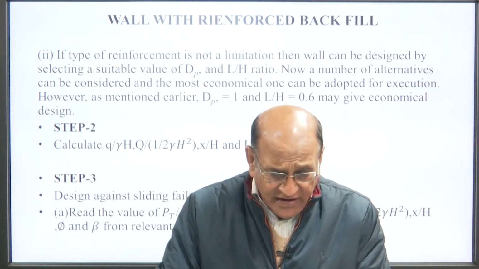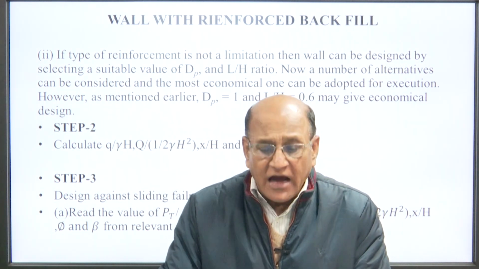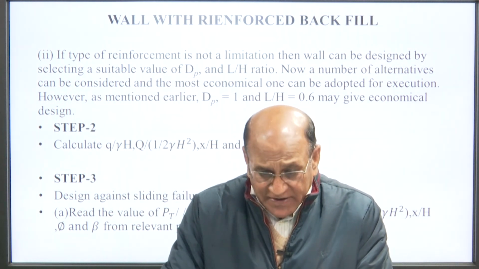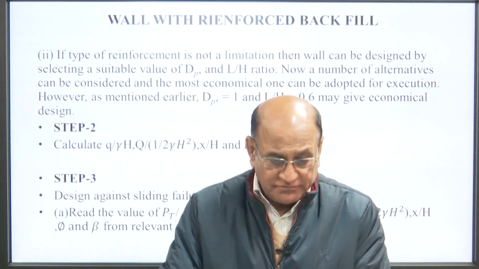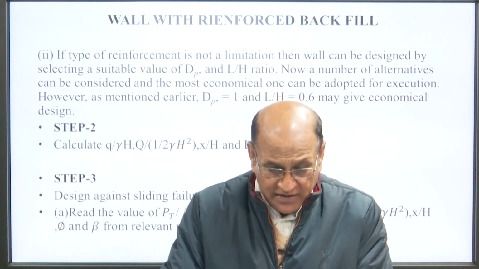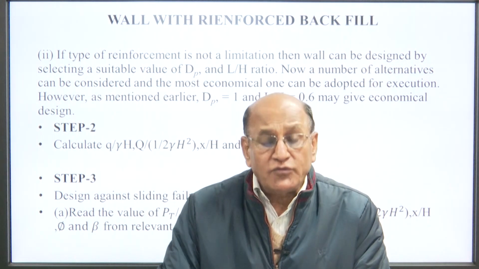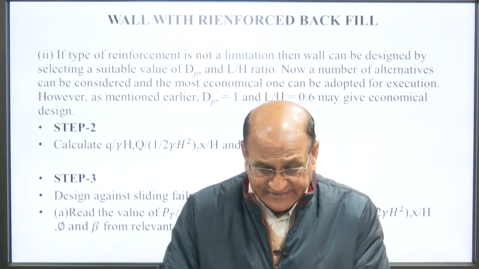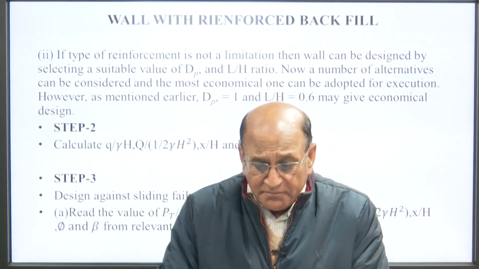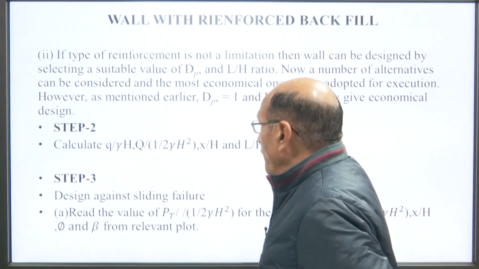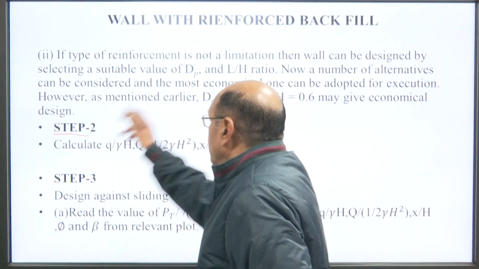Now, a number of alternatives can be considered and the most economical one can be adopted for execution. However, as mentioned earlier, dP should be equal to 1 and L by H should be equal to 0.6. This may give an economical design.